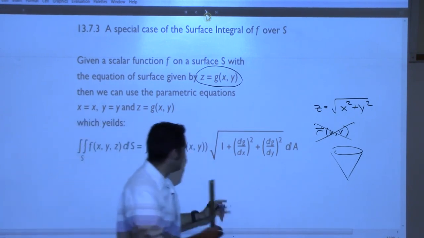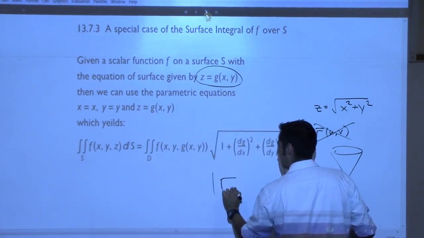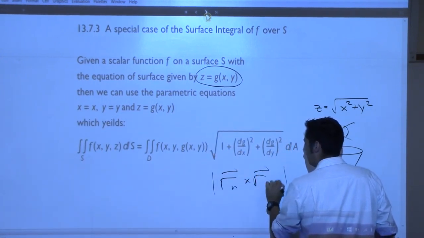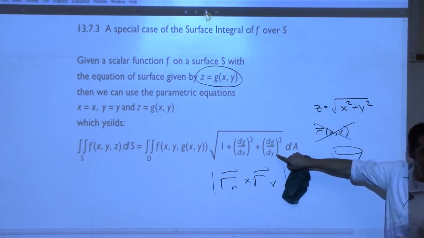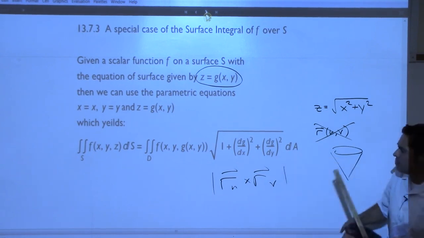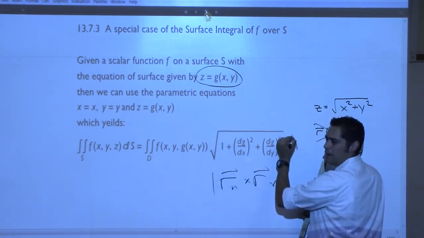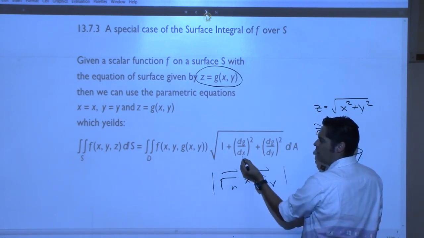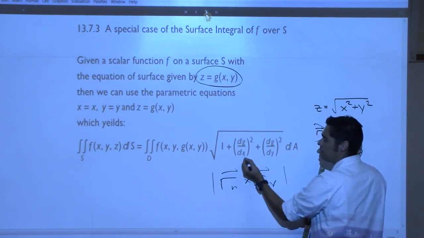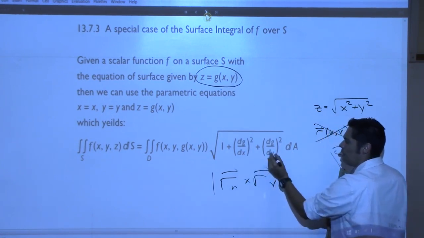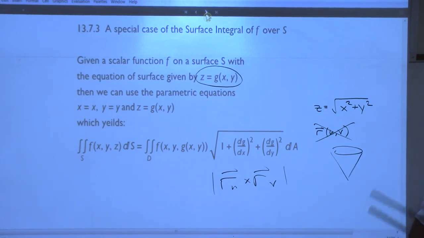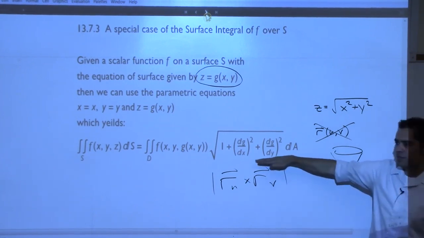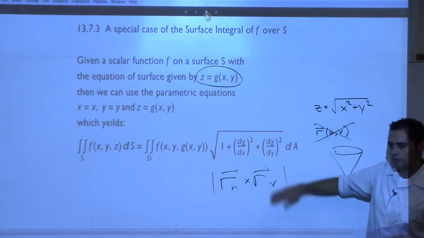But then the magnitude of the cross product, if you do the computation of this, will always turn out to be this. Okay, so let's just look at what this is. Magnitude, square root, right? 1 plus the partial of this function with respect to x, plus the partial of this function with respect to y, square them both. And what this shortcut allows you to do is not have to compute the magnitude of the cross product of the derivatives, because it will always turn out to be this. Always.